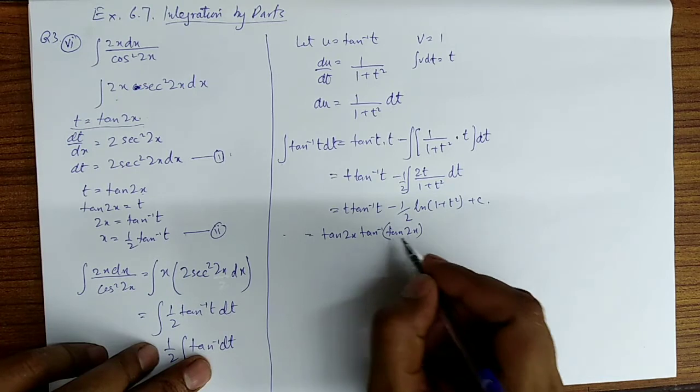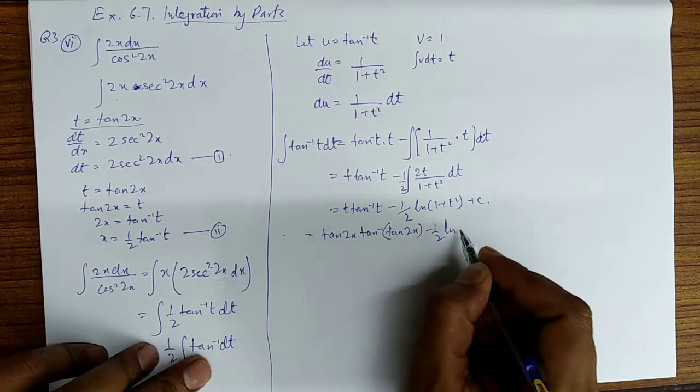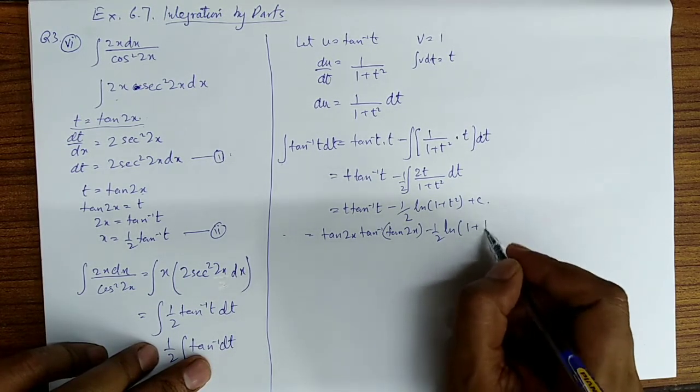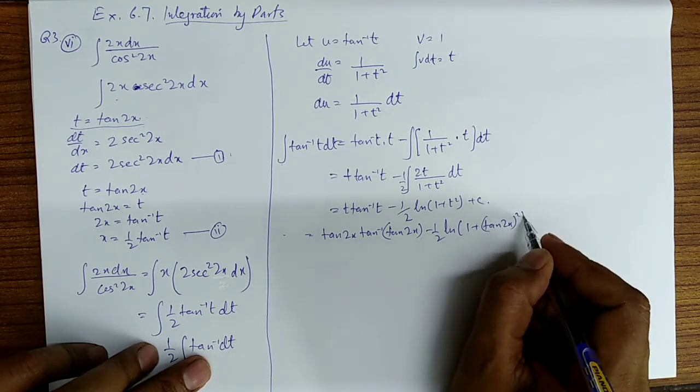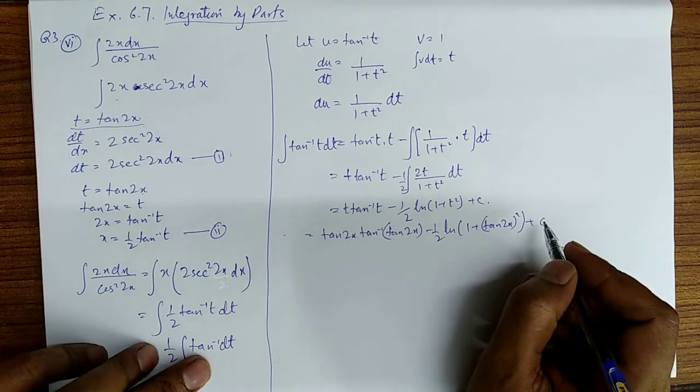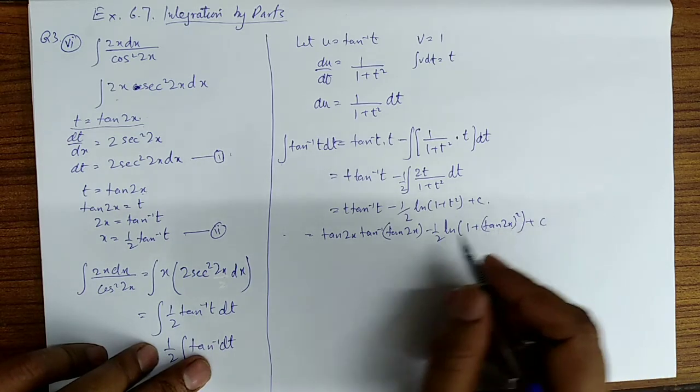Just write this in the bracket, minus 1 upon 2 ln of 1 plus tan 2x square, bracket close, plus c.